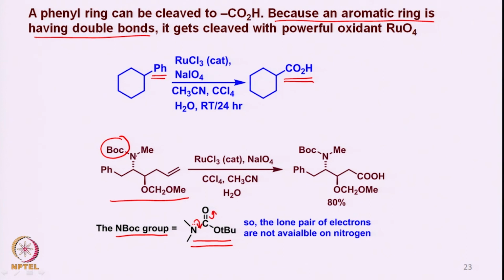Therefore, the lone pair is not available for the oxidant to cause any problem, and a substrate of this kind can be cleaved to the corresponding acid without any problem if one protects the nitrogen as N-Boc. The conversion of such substrates to the acid can occur readily using ruthenium tetroxide formed in situ from ruthenium trichloride and sodium metaperiodate.